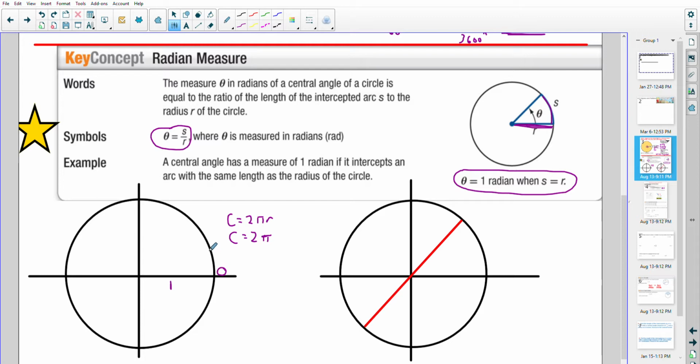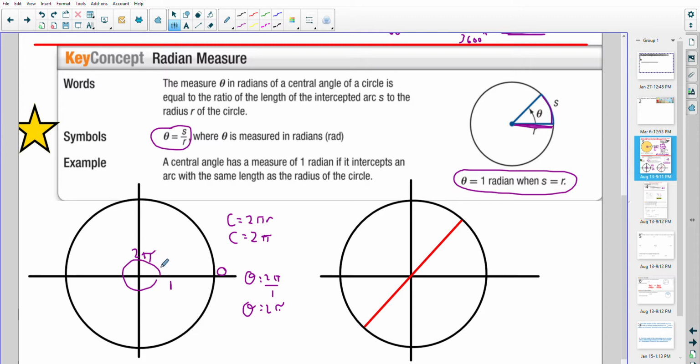The circumference would be 2 pi, but when you're talking about the angle all the way around, it would be S over R. So the angle would equal 2 pi divided by your radius, which is 1. So theta equals 2 pi. All the way around the circle is 2 pi radians.